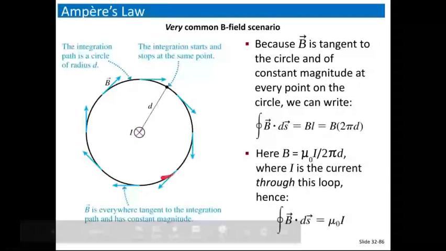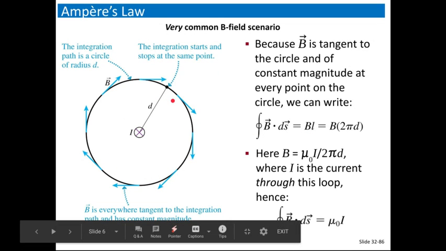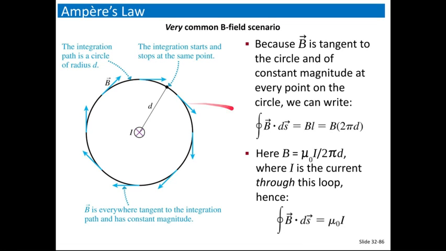times the total length of this circular path, which would be the circumference, 2 pi times the radius. Careful here, that's not the diameter, that's actually this distance, which is the radius. So this makes sense: the integral of B dot ds is B times 2 pi d. Now we already know from the last lecture that the magnetic field this distance away is mu naught I over 2 pi d.